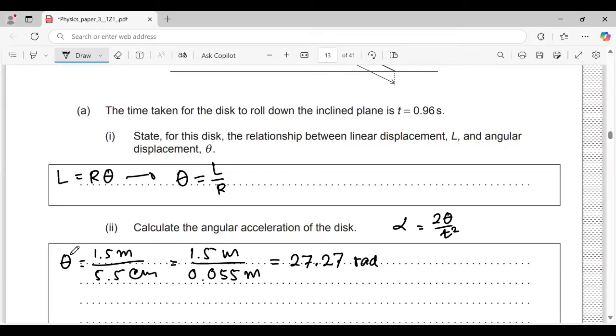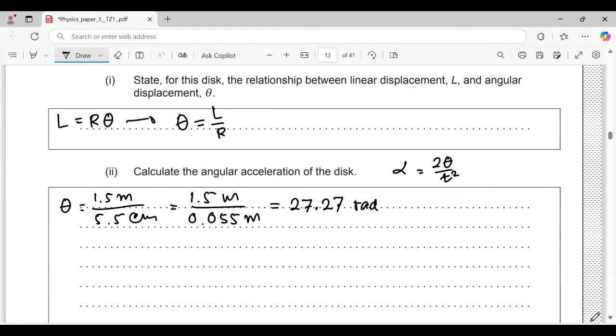Next, substitute the theta value into this formula. So alpha equal to 27.27 over t squared, where t is 0.96 according to the previous information, so 0.96 squared.